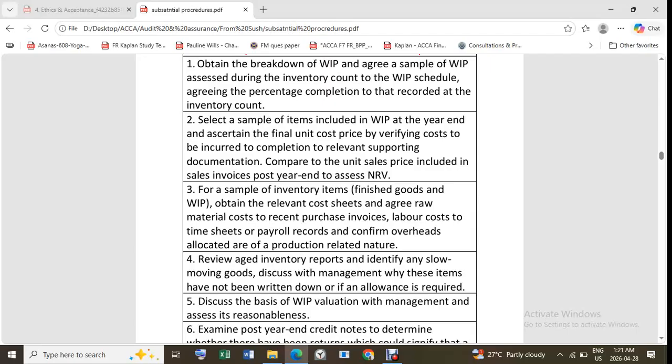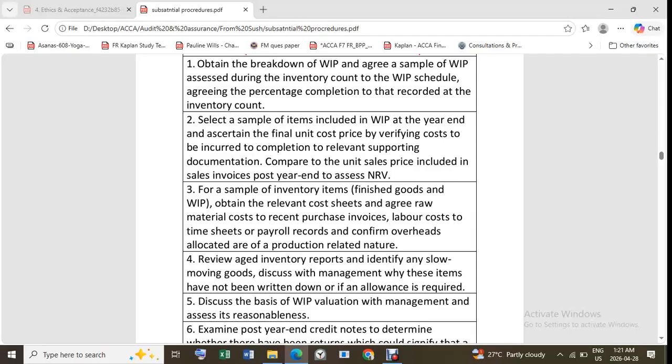Same in note number 2, I have to select a sample of items included in the WIP at the year end, and check what is the final unit cost price to be incurred, by verifying cost to be incurred to completion to the relevant supporting documentation, and it has to be compared to the unit sales price included in the sales invoice post year end to assess the NRV, net realizable value.